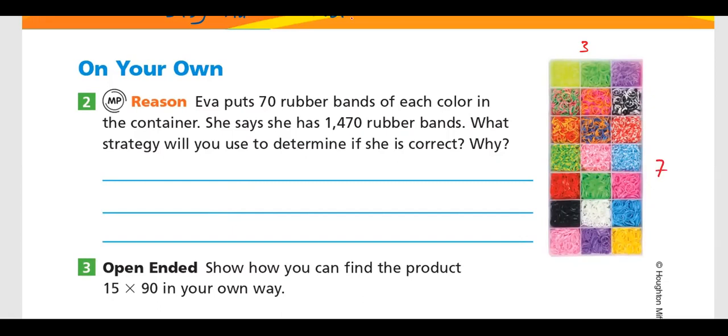So 3 times 7 will be 21. So we have to multiply 70 times 21, so put 0, and 7 times 1 is 7, and 7 times 2 is 14. So the answer is 1,470. So this is correct.